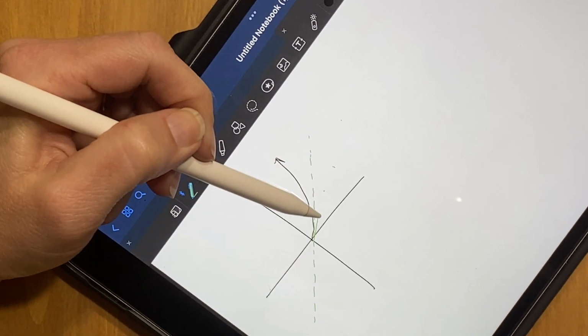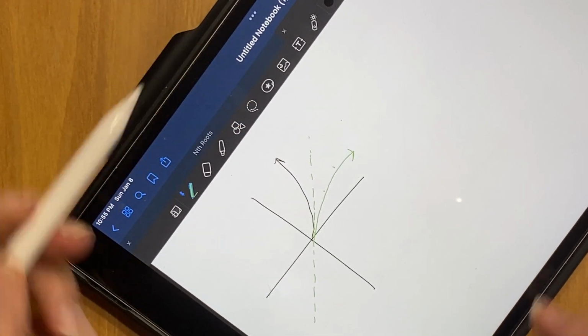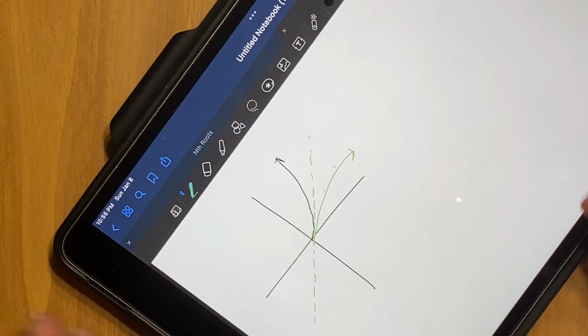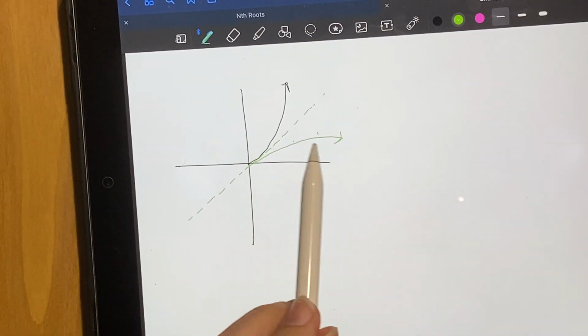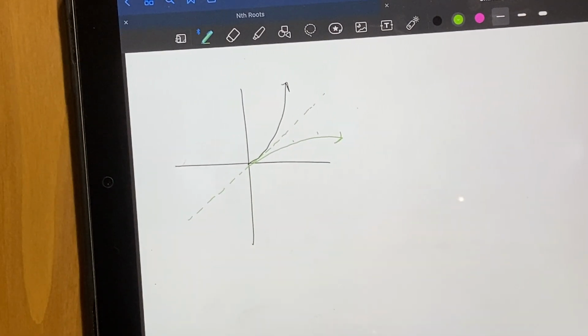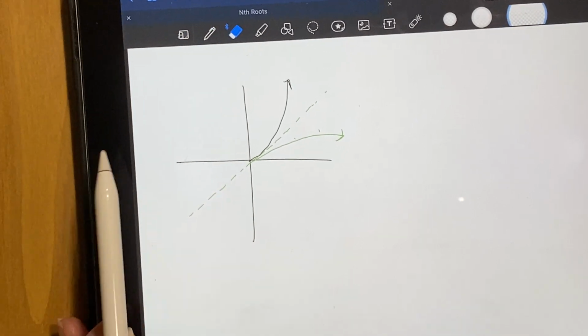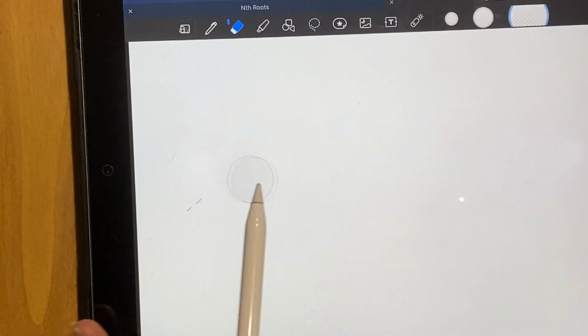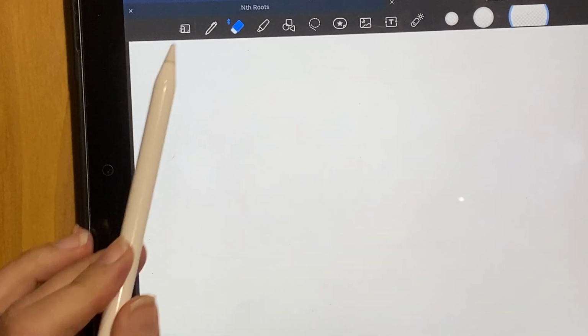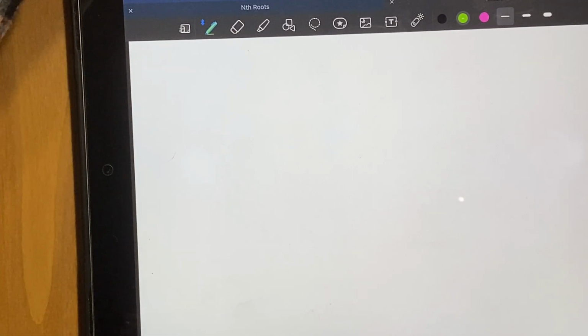So this one's going to go like that. They need to look like mirror images. You can turn it back, and then you can find the graph that's the same for that. So that's an easy way to work out 33 through 35 to find your inverses.